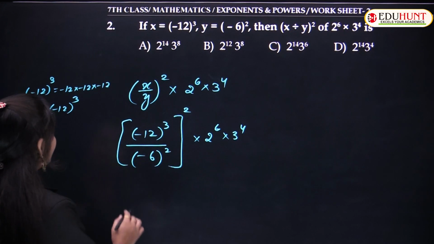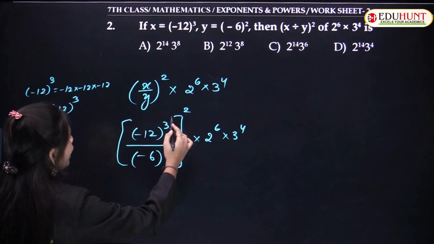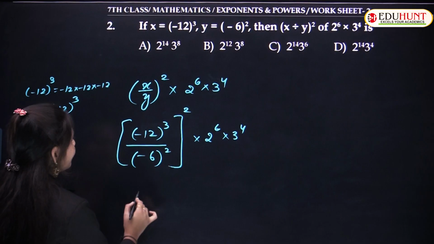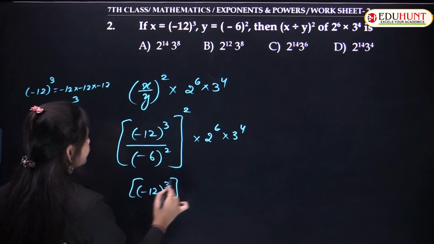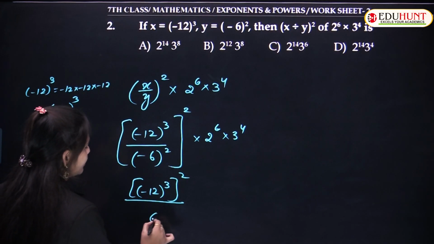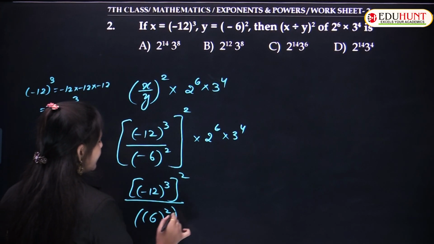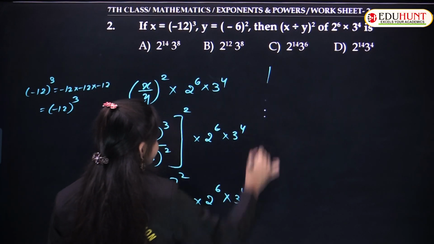Yes or no? So how can we write it? Minus 12 cube whole square by minus 6, again you will get plus 6 only, no? 6 square whole square into 2 power 6 into 3 power 4.